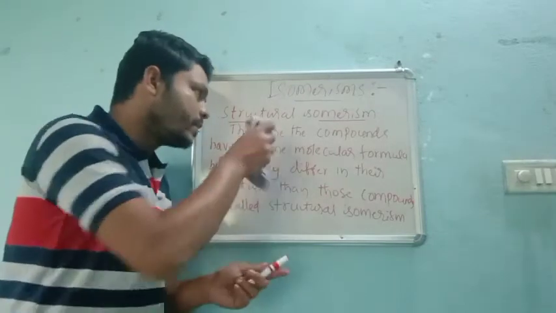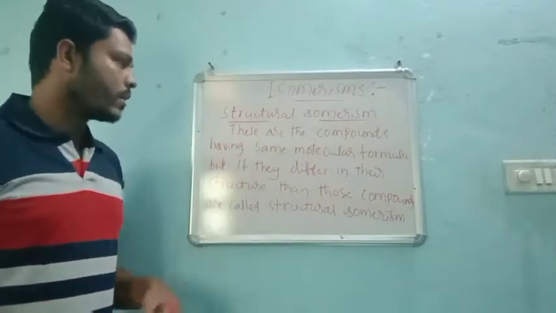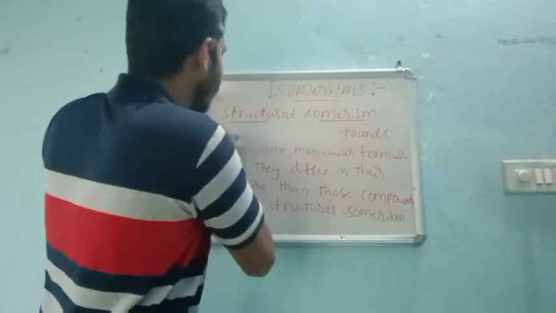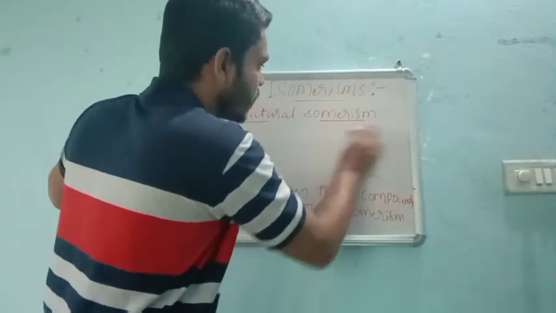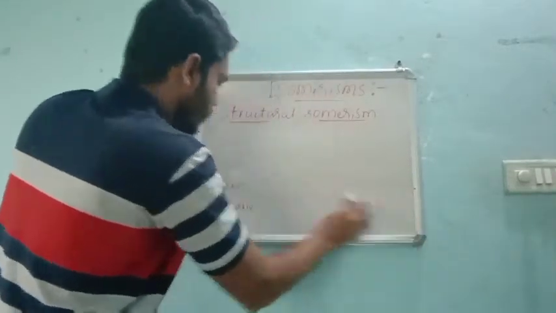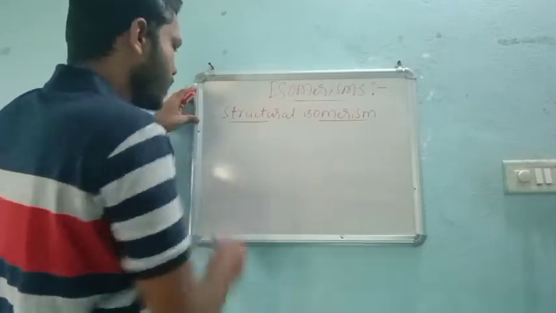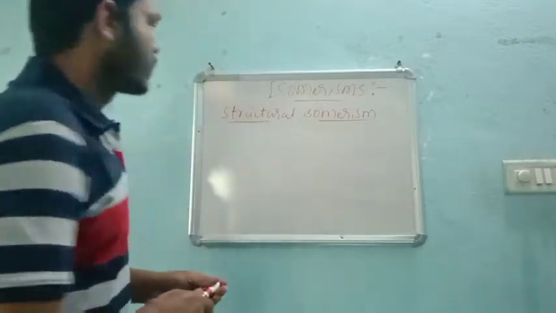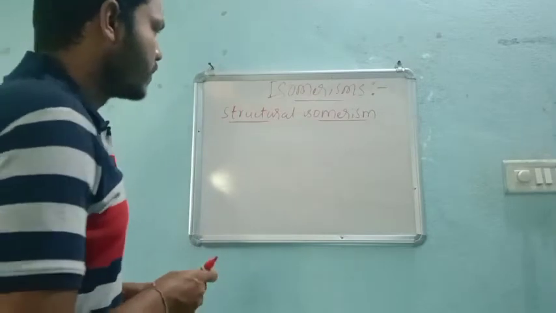You can take this definition, or else use the definition in your book. No problem. But understanding the concept is very important. Once you understand the concept, it will be very easy.